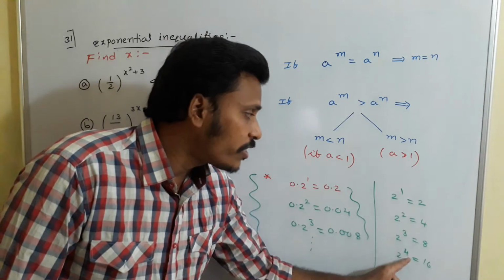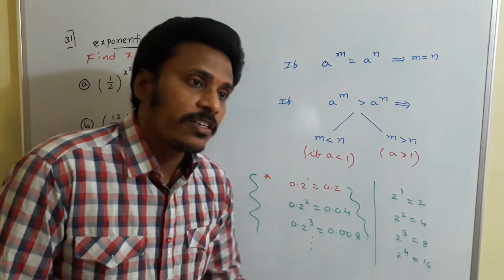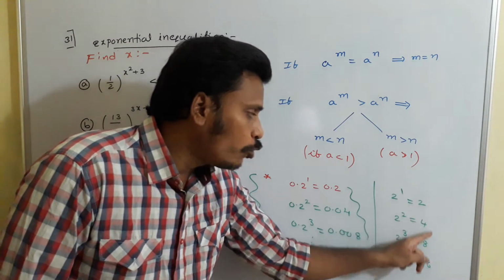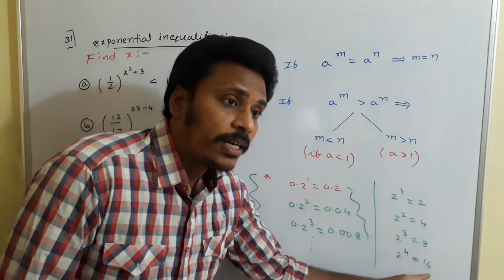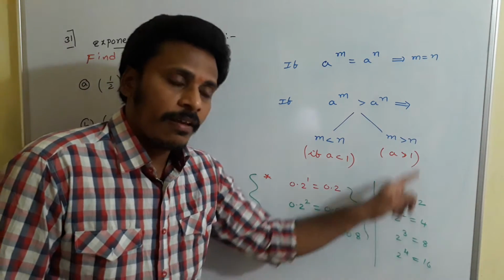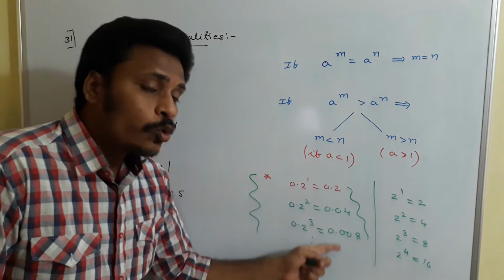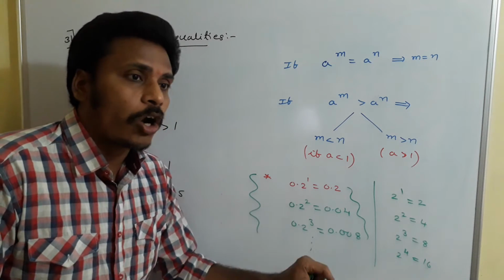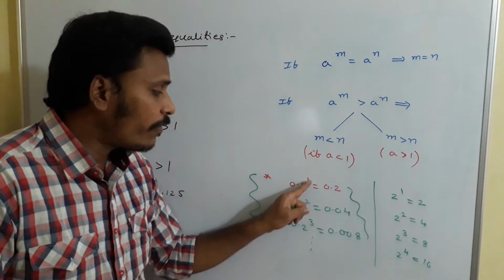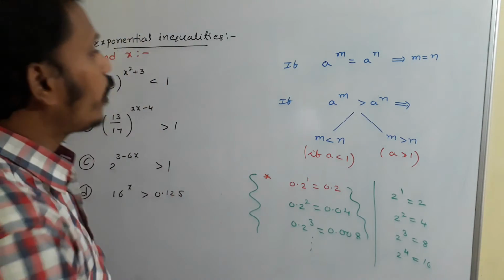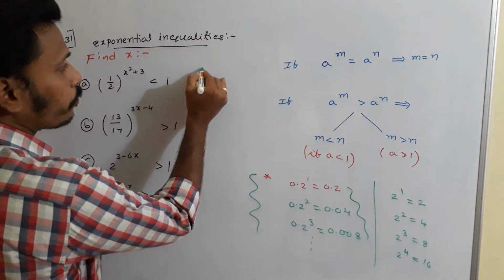Powers are increasing, values are increasing here. Values are in the same order as the powers, increasing, increasing. Whereas here, values are in the opposite order to the powers. Powers are increasing and values are decreasing. So what we need to conclude here is, I will write here.